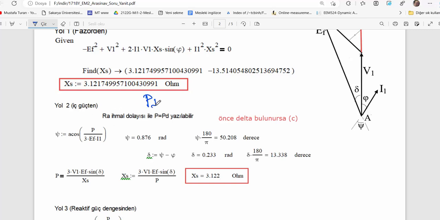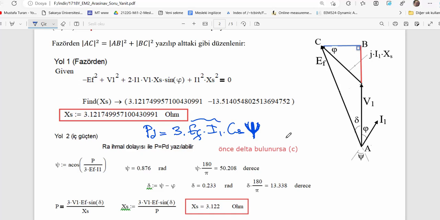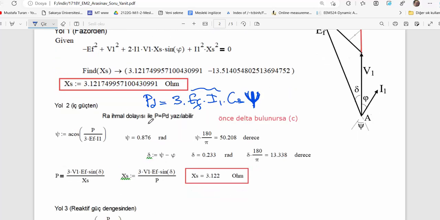Inner power, induced power, can be written as 3 times EF times current times cosine psi. That was the inner power angle. You should find this, define this, and you know this.